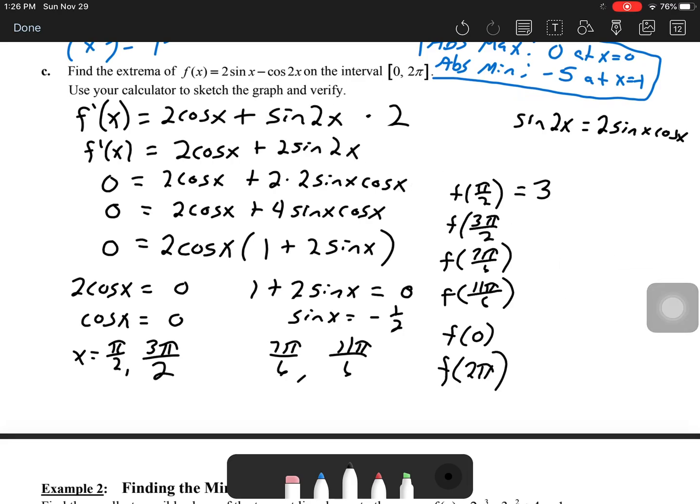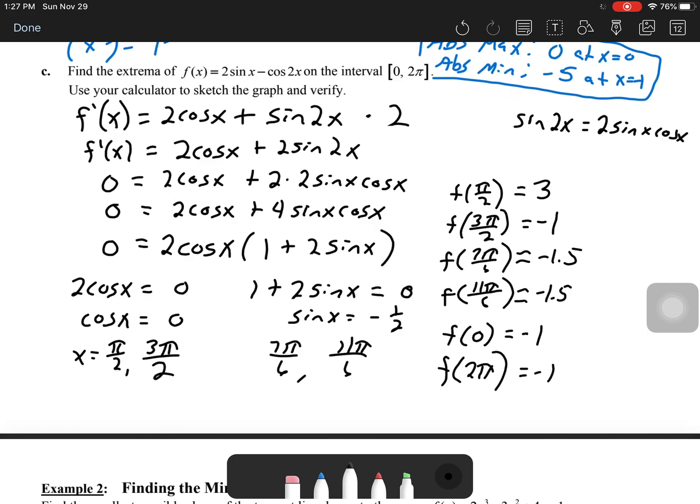I'm not going to talk you through all of these, but if I plug in 3 pi over 2, I'm going to get negative 1. If I plug in 7 pi over 6, and this is a rounded value since we're finding mins and maxes, this is negative 1.5. And if I plug in 11 pi over 6, I also get negative 1.5. If I plug in a 0, I get negative 1. And if I plug in 2 pi, I also get negative 1.